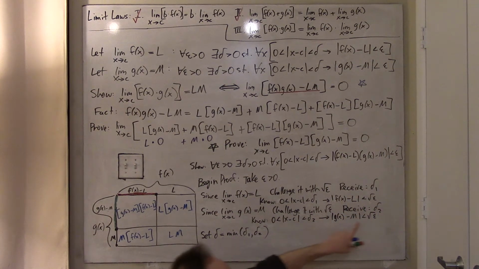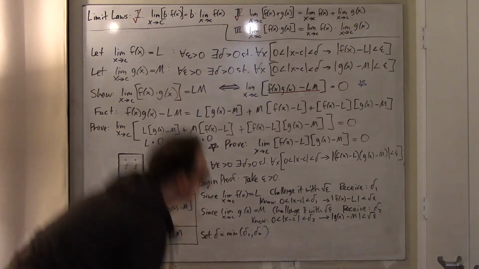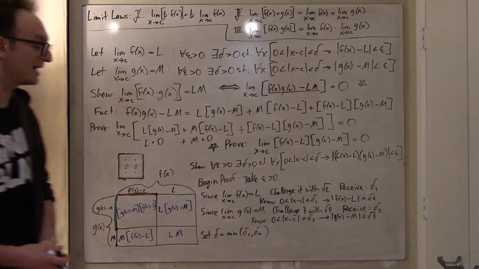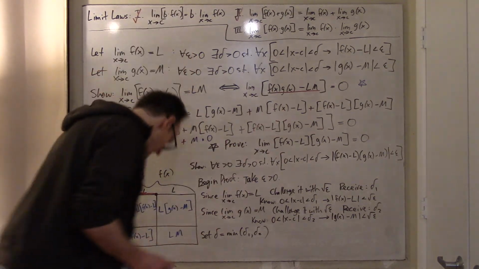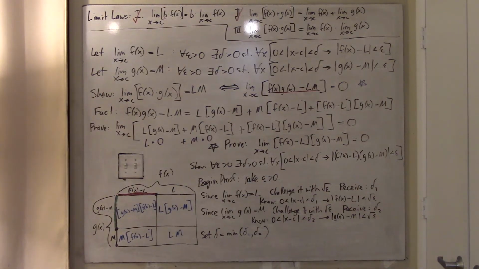Delta 2 is how close I need to be to c such that the gap between g and m is less than the square root of epsilon. So I'm going to get close enough so that I'm within both of those intervals. And now I'm just going to prove to you that it works.